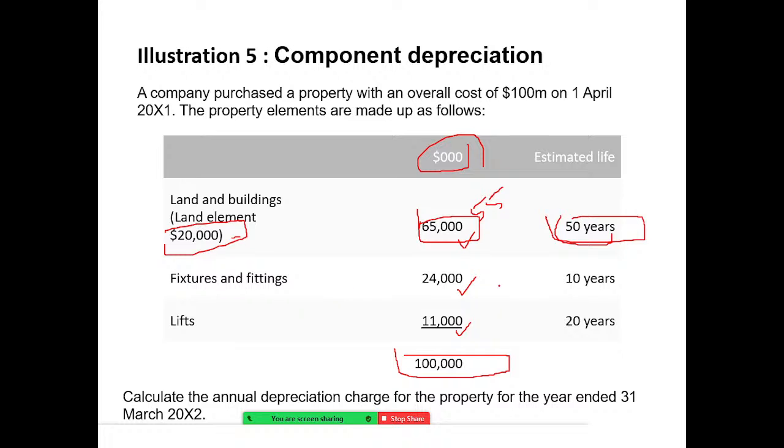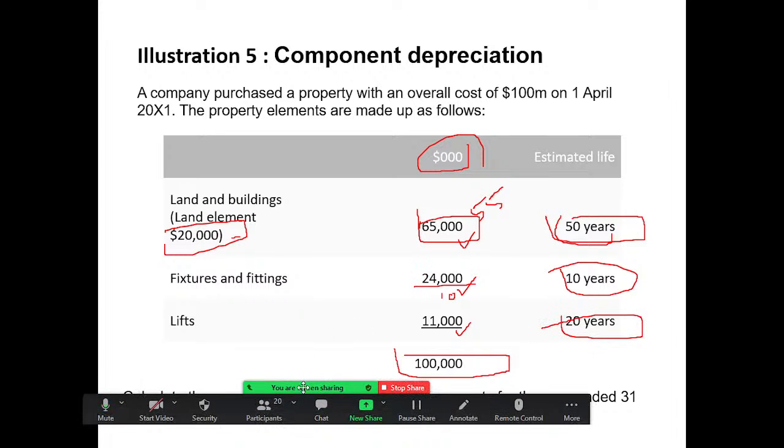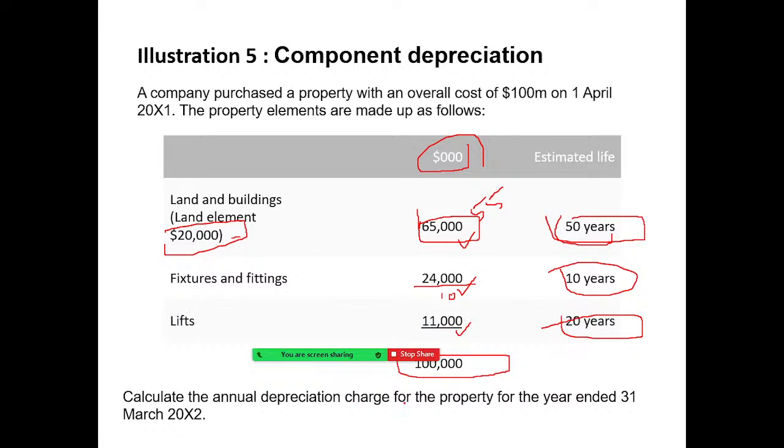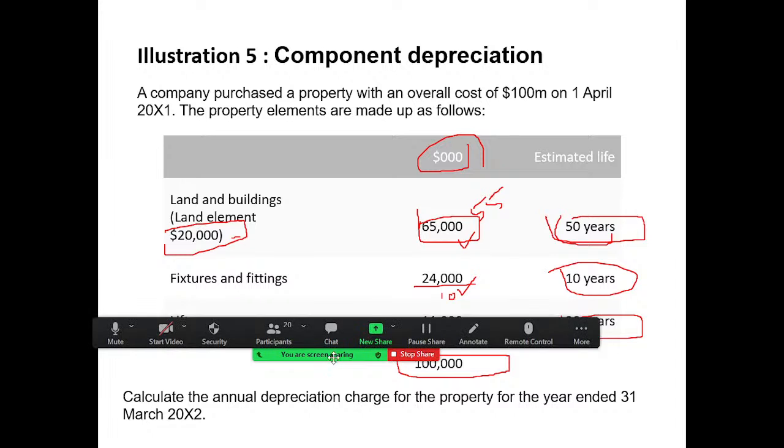And fixtures and fittings, it's 10 years. It should be depreciated for 10 years, and the lift 11,000 should be depreciated over 20 years. So calculate the annual depreciation charge for the property for the year 31st March 2022.